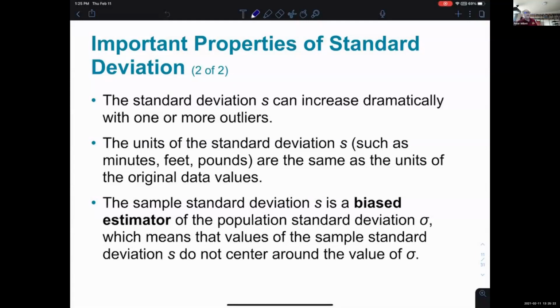Then it finally says a new bold description, meaning they kind of need to define this. The sample standard deviation S is a biased estimator of the population's standard deviation, sigma, which means that the values of the sample standard deviation do not center around the value of sigma.